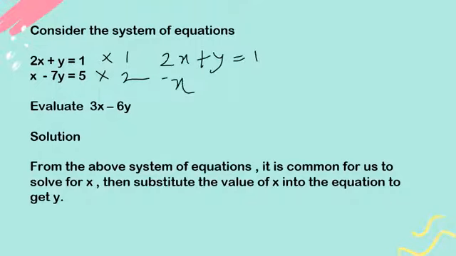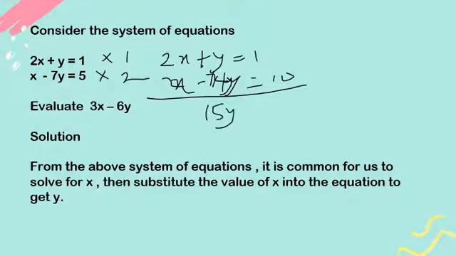And then I will have 2 times x, which is 2x, minus 14y equals 2 times 5, which is 10. Now, by using the elimination method, I will subtract: 2x minus 2x is 0, and y minus 14y is 15y, and this is equal to 1 minus 10, which is minus 9.